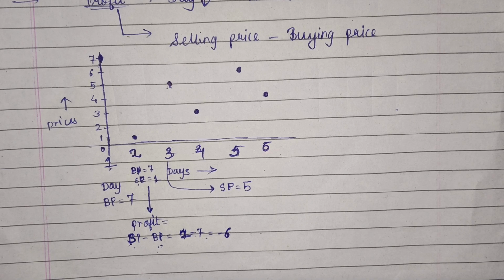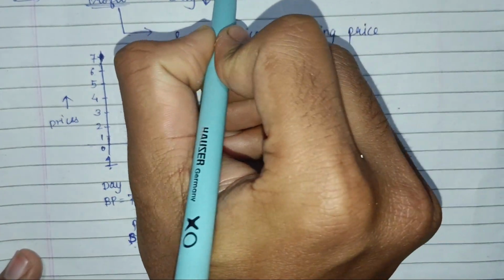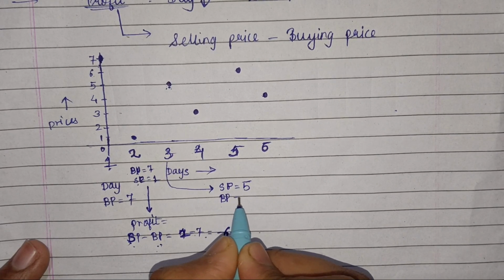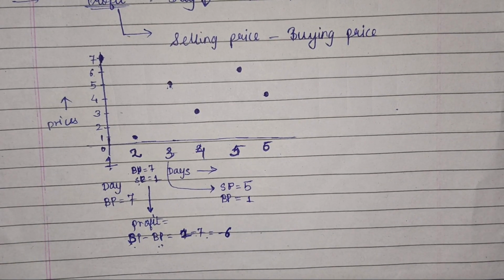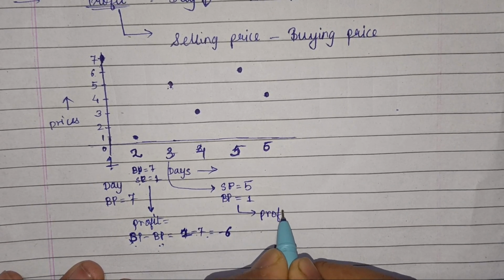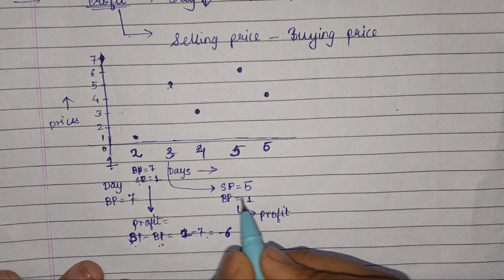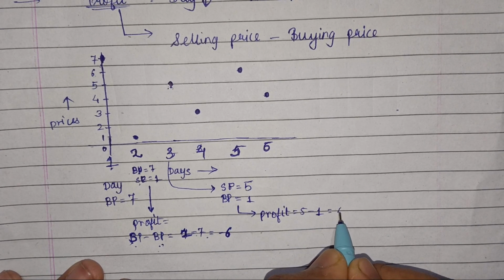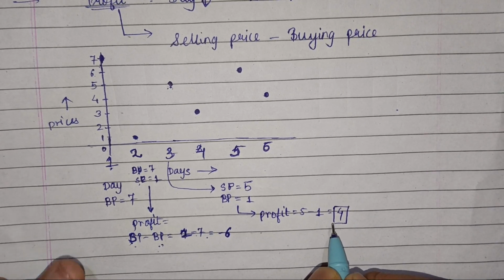So what is the minimum? The minimum is 1, so we will take the buying price as 1. The profit will be selling price minus buying price, so it will be 4. So the profit will be 4.